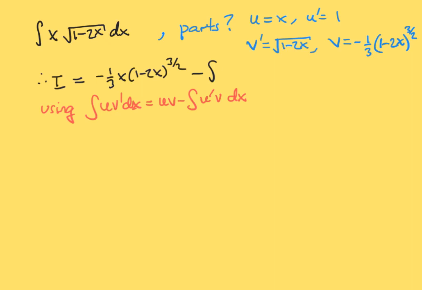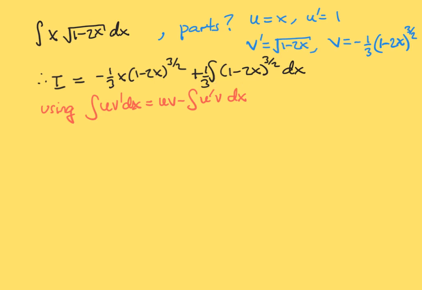So it's again minus 1/3, but the minus 1/3 we can take outside of this integral. So I'm going to write that as plus 1/3, and then it is 1 minus 2x to the 3/2 integrated with respect to x. And now this integral is one that we can perform by inspection.